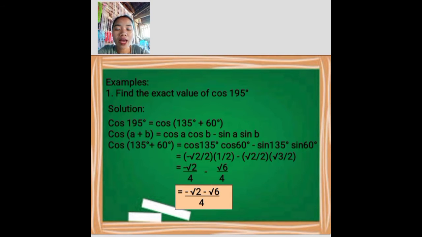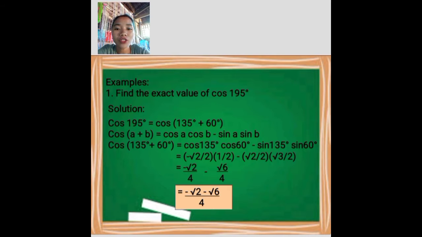So, let's find 2 degrees that if we add them, the result will be 195 degrees. So, we have cos 195 degrees is equal to cos of 135 degrees plus 60 degrees. Our formula is cos a plus b is equal to cos a cos b minus sine a sine b.